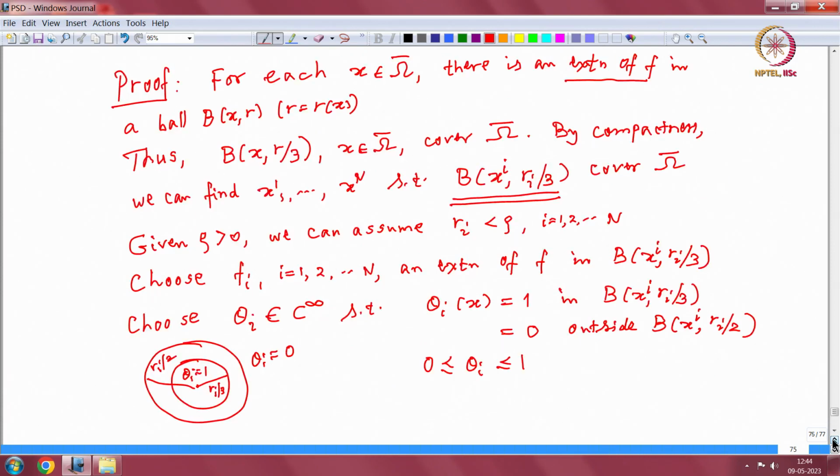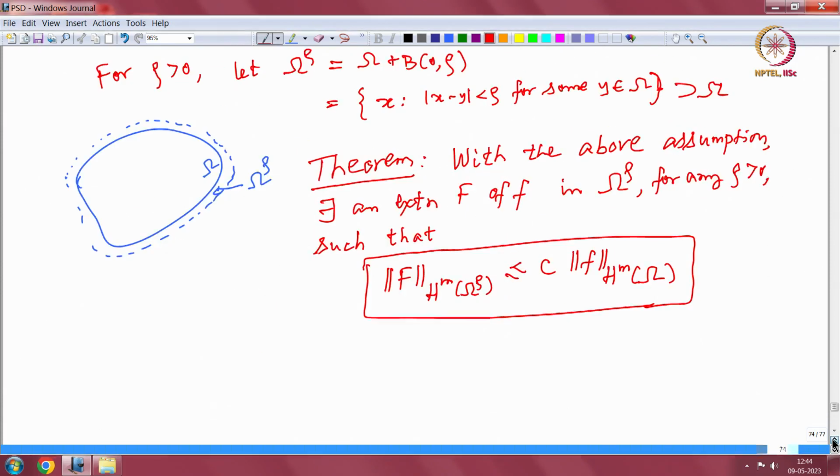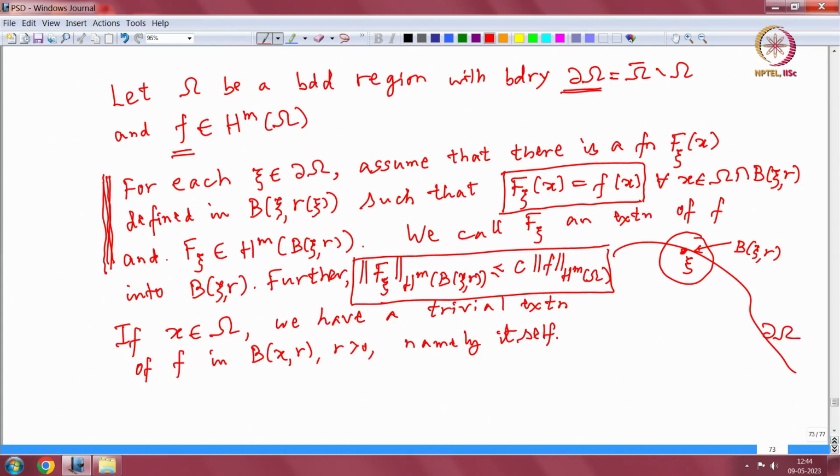This is an important assumption we are seeing on the boundary points, and once we verify that, then we get an extension, and once we get an extension, the density result follows, and then we can apply that to get the integration by parts. So our main aim is to get that integration by parts first, and then we will see what we can do further.